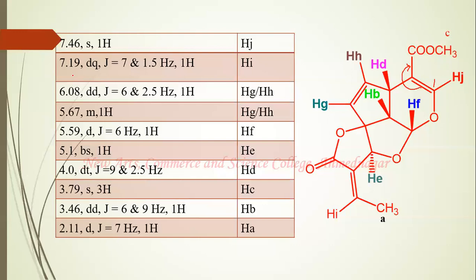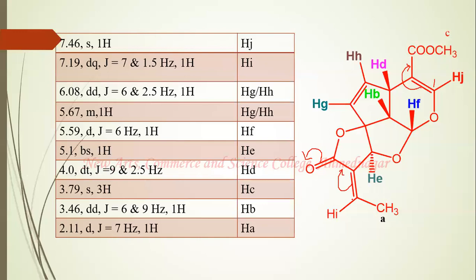Then let us go towards the second signal, 7.19 doublet of a quartet with J equal to 7 and 1.5 Hz for 1 proton. This signal will be because of the second most de-shielded proton, Hi. As the Hi proton is beta to this carbonyl group, it will be more de-shielded. First, it is an olefinic proton, and second, it is beta to the carbonyl group, so it will be more de-shielded.